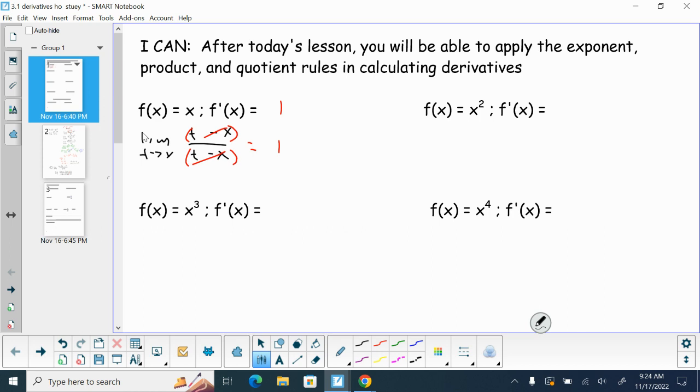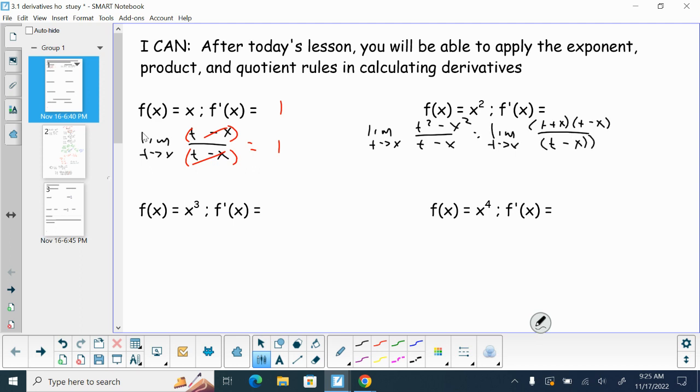Take a look at the second one. Limit as t is approaching x of f of t, which is t squared minus x squared over t minus x. Factoring. This is the limit as t is approaching x of t plus x, t minus x over t minus x.